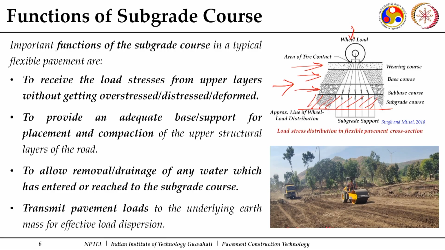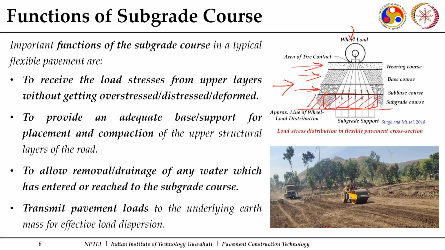Now, when the wheel load comes, the load stresses get distributed over a wider area. This distribution depends upon the thickness and strength characteristics of the individual layers. Finally, some stresses will come over a wider area of your subgrade, so your subgrade should be able to bear the stresses that come to it because of the wheel load.